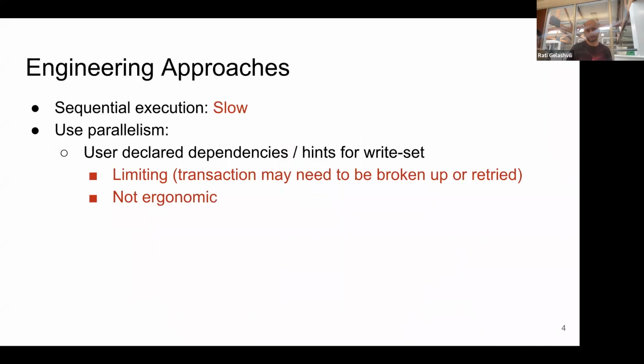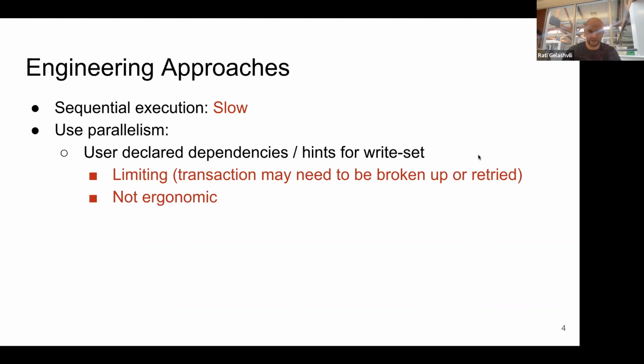So what are the approaches for doing this execution? Obviously, we can just go and execute transactions one by one. There is nothing deep here. The problem is that we want to make it faster, because sequential execution tends to be really slow.